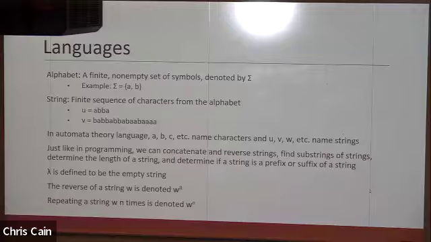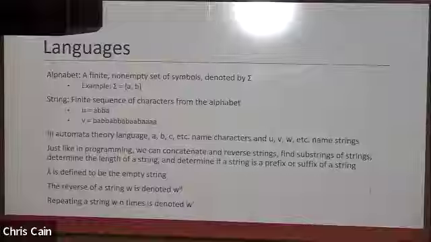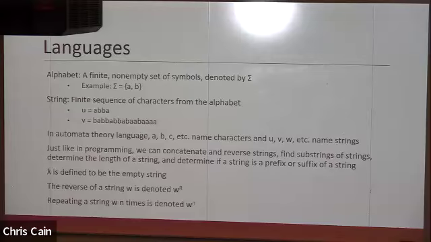In Java, if you multiply a string times an integer, it just concatenates them, but you can imagine that instead it repeats the string that many times. That's what is being gotten at with this superscript. Questions on this notation?